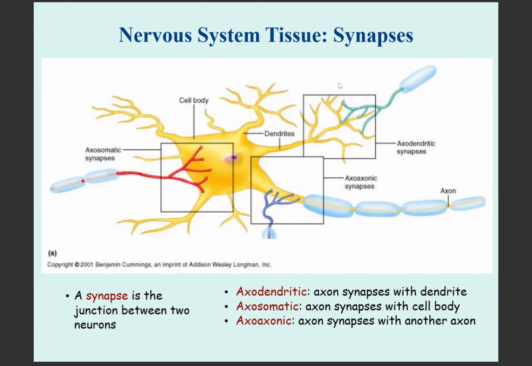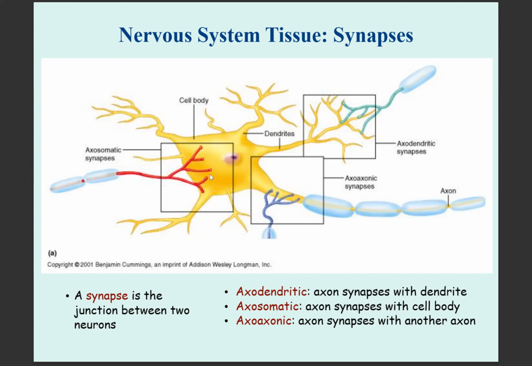When the axon is communicating with a dendrite, we call that an axodendritic synapse, where an axon synapses with a dendrite.